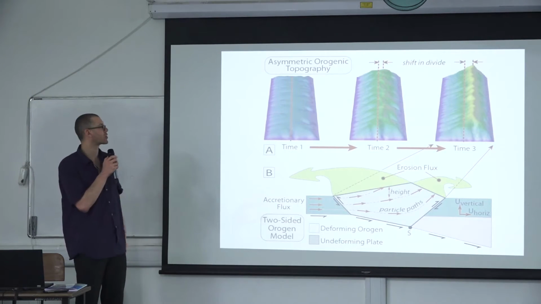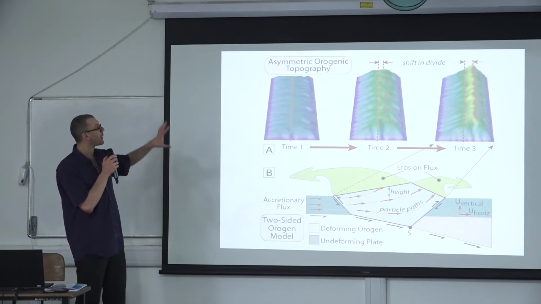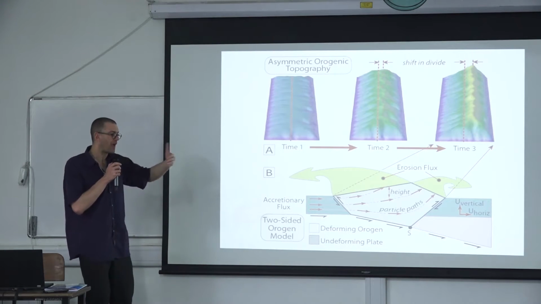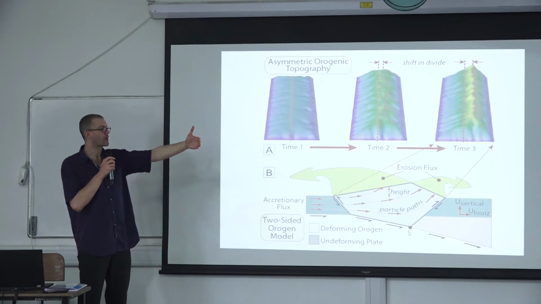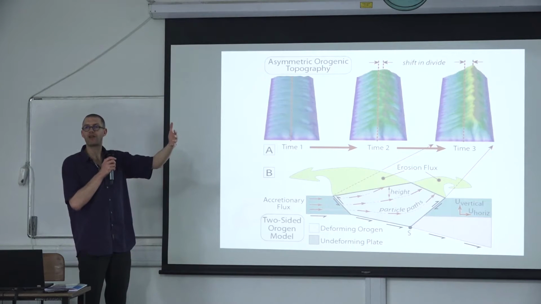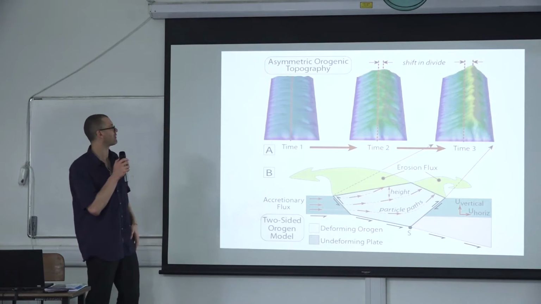There is a famous Sean Willett model, this is from the paper, where he postulates, based on a model only, that if you have a side of the orogen that is facing the monsoon, for example, you are more strongly eroding it, and therefore you are triggering tectonic deformation because you are changing the stresses of the upper crust by having higher erosional flux.